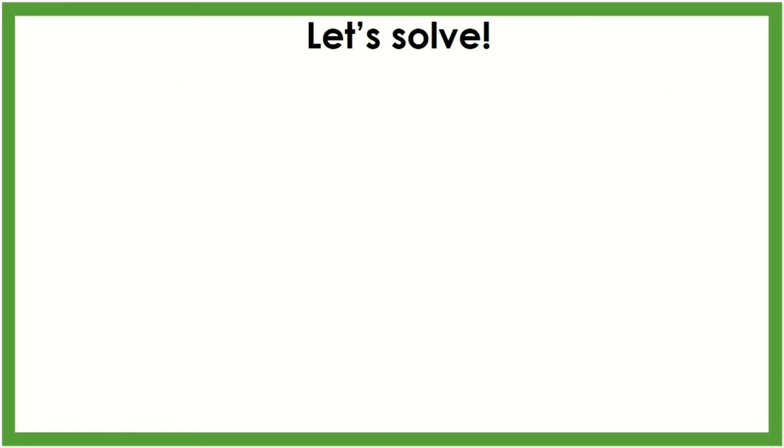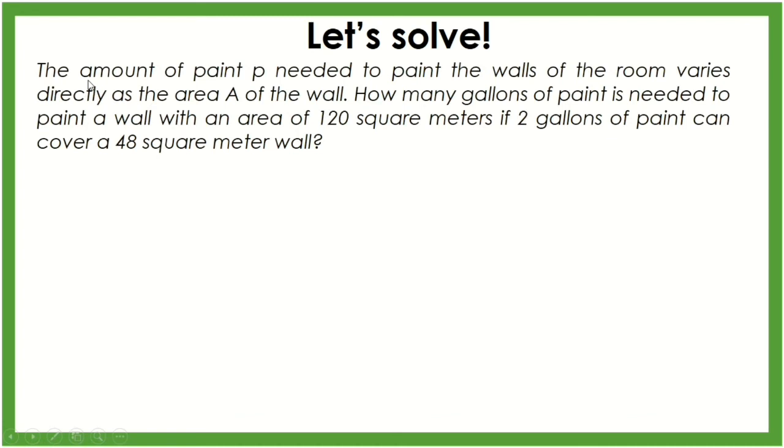Let us have another problem. The amount of paint P needed to paint the walls of the room varies directly as the area A of the wall. How many gallons of paint is needed to paint a wall with an area of 120 square meters if 2 gallons of paint can cover a 48 square meter wall?